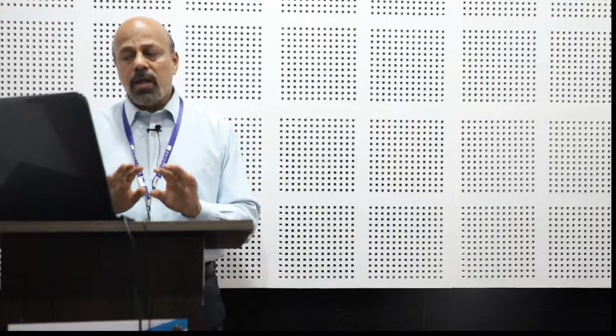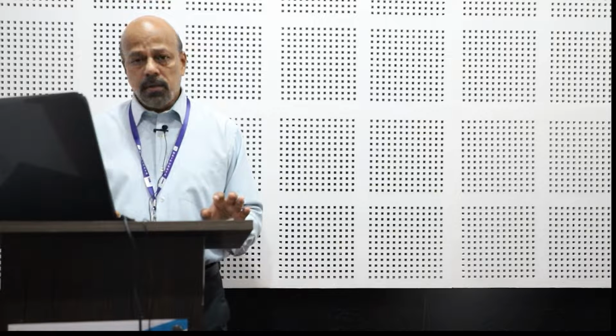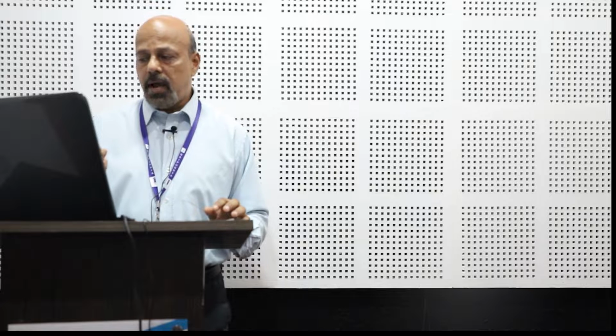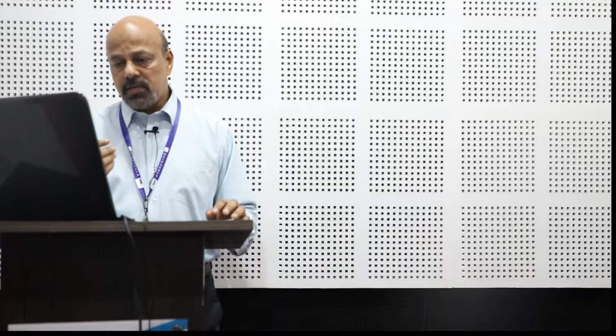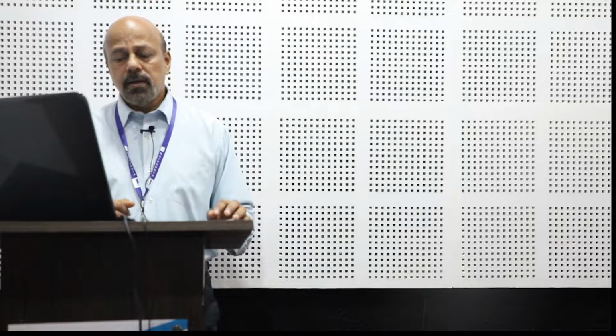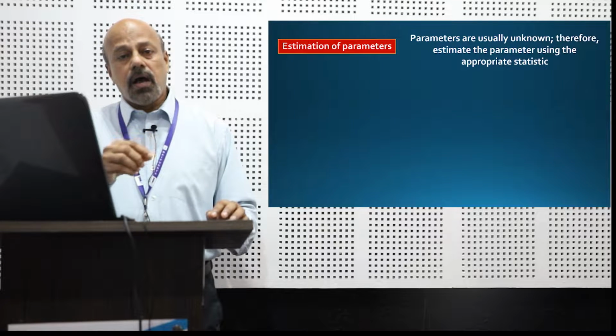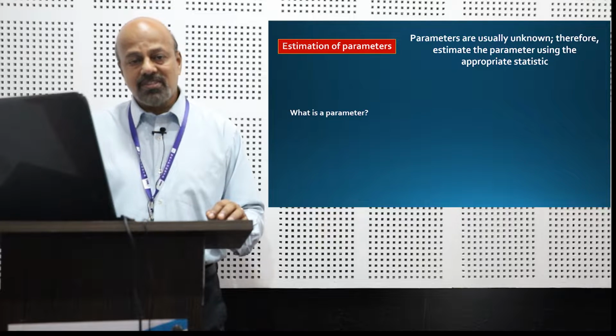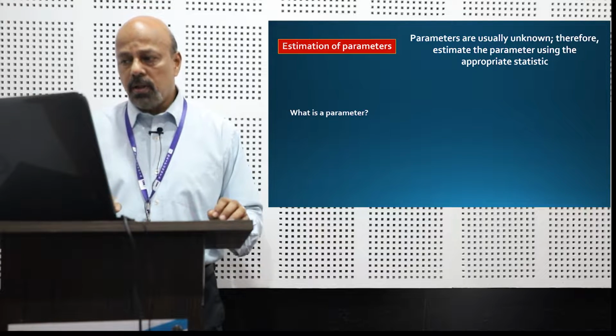Parameters are usually unknown, and therefore we have to estimate the parameter using appropriate sample data. This parameter is actually the statistical measure associated with the population. We'll come to discuss that in a short while.